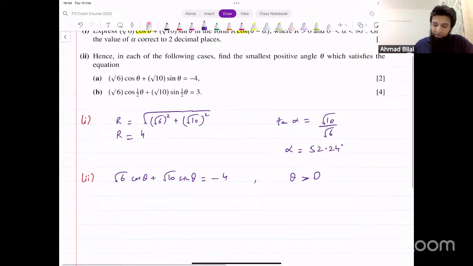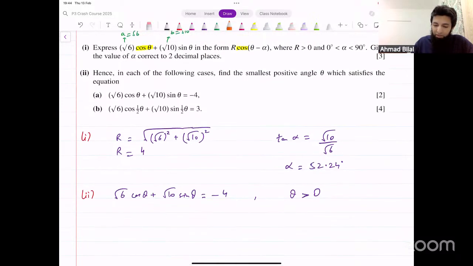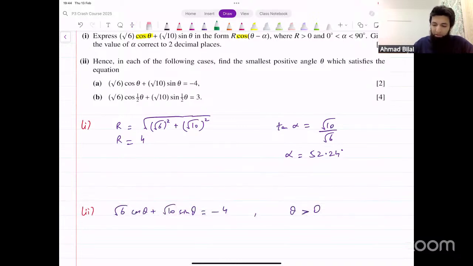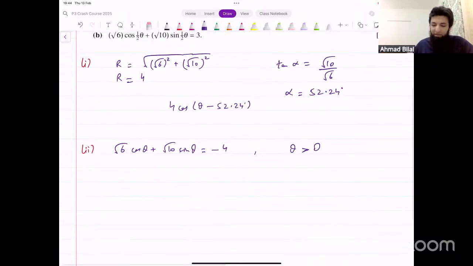Now, how is it related to the first part? This is exactly the same expression that we had in the first part. So we can replace that with the form that we found there. Let me write that down. That was 4 cos of theta minus 52.24.